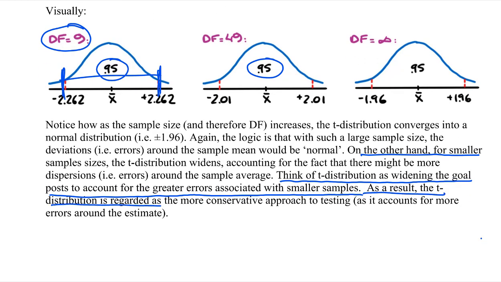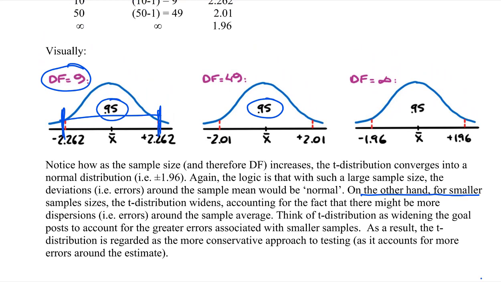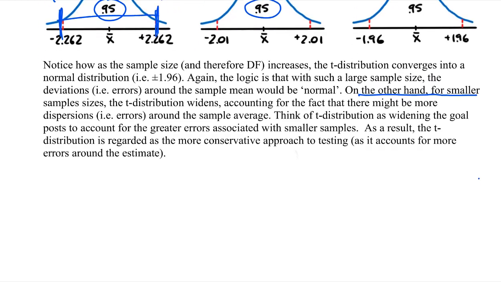As a result, a t-distribution is regarded as the more conservative approach to testing, as it accounts for more errors around the estimate. And like I said, if you're not confident in the data, if you think the sample is unreliable, it's better to use an approach that relies on wider goalposts, and that means using t-distribution.